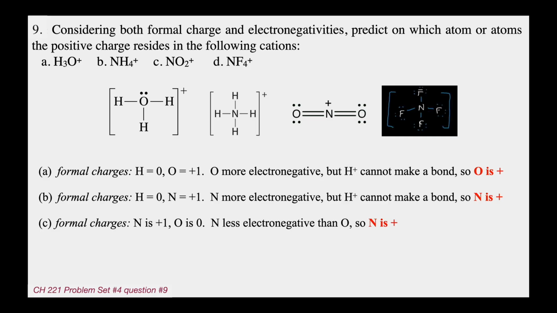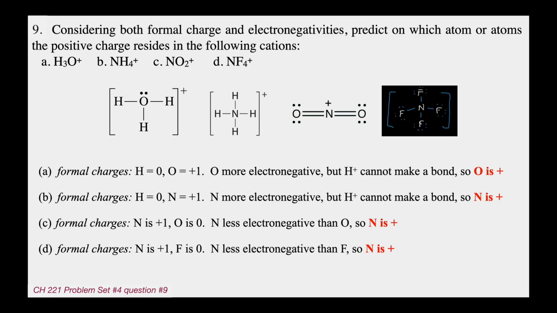So the oxygens in NO2 plus definitely have a filled octet. That positive charge is going to be on nitrogen, and that makes sense because nitrogen is not as electronegative as oxygen. It should be positive relative to oxygen, and the same thing for fluorine. Fluorine's the most electronegative of all. Nitrogen is definitely going to get that positive charge.